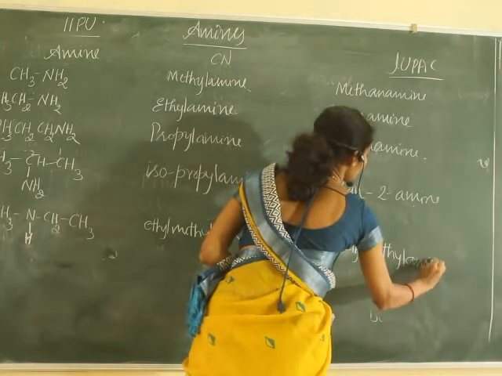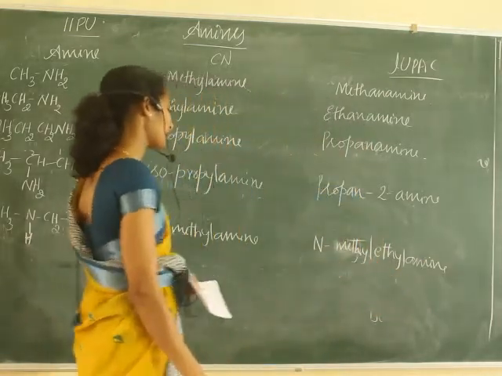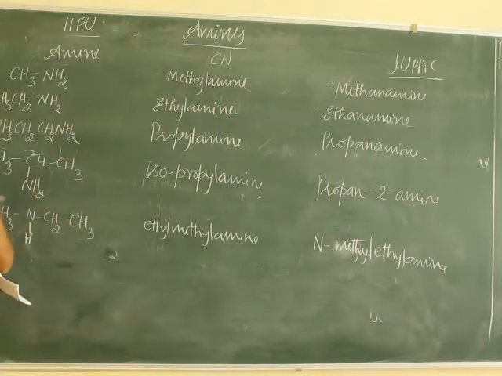You may ask why it is not in alphabetical order. First, we are writing the smallest chain. Here, the smallest chain is methyl, hence N-methyl ethyl amine. Okay, N-methyl ethyl amine is the name of this compound.